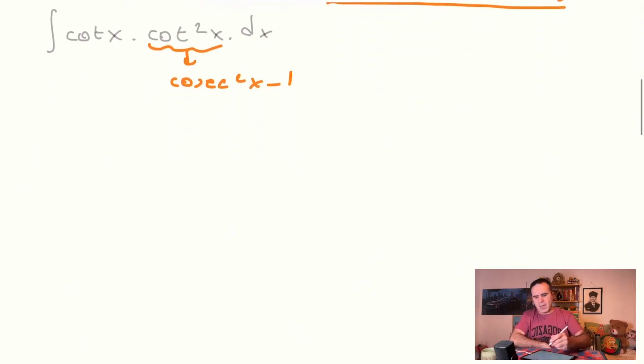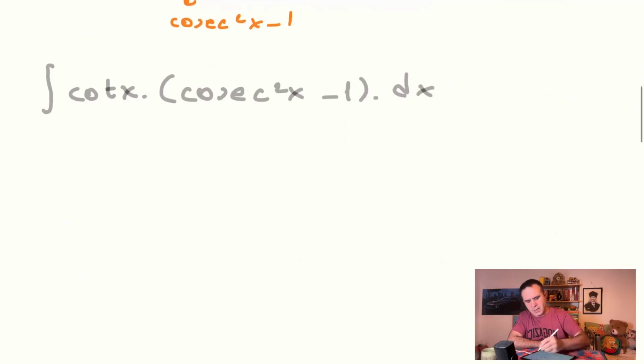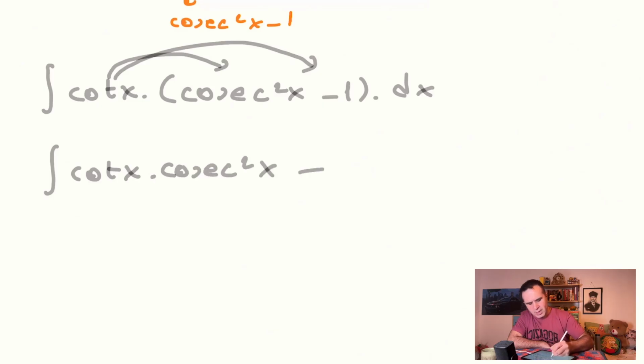Okay, and the integral becomes the integral of cotangent x times cosecant square of x minus 1 dx. Then multiply this by cotangent x. Then the integral becomes cotangent x times cosecant square of x minus cotangent x dx.